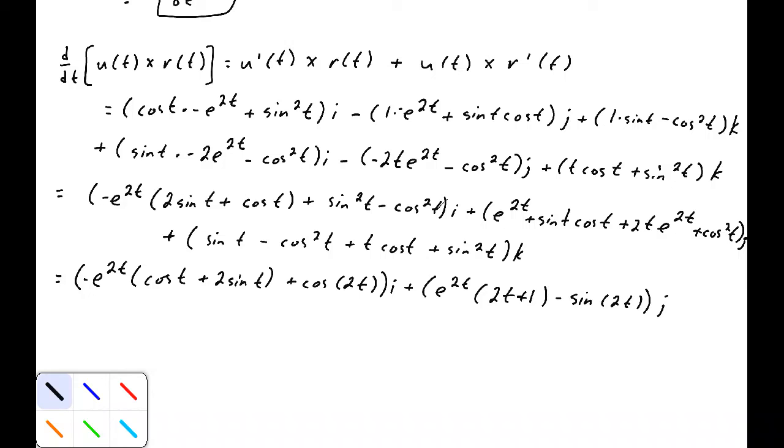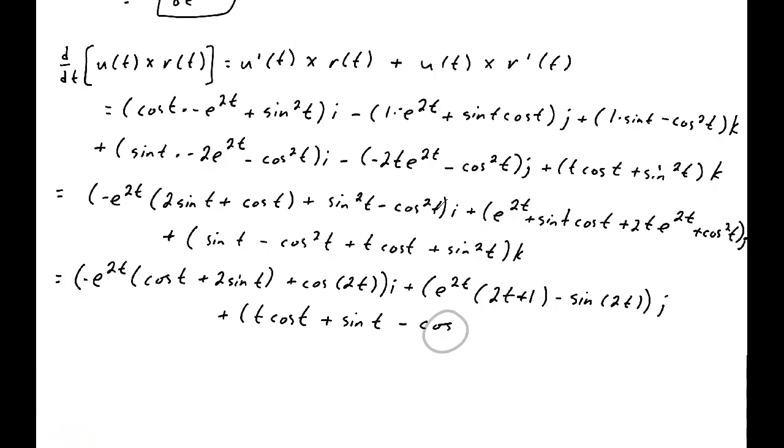plus, parentheses, t cosine t plus sine t minus cosine of 2t, close parentheses, k.